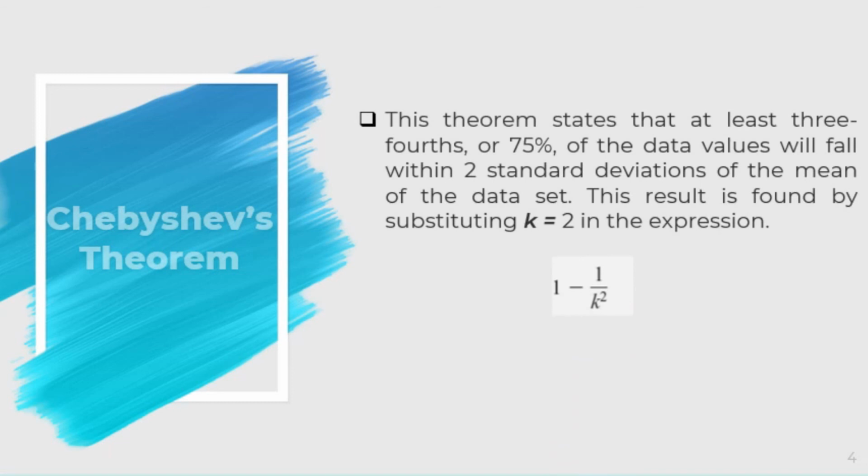This theorem states that at least 3/4 or 75% of the data values will fall within 2 standard deviations of the mean of the data set. This result is found by substituting k equal to 2 in this expression: 1 minus 1 over k squared, or 1 minus 1 over 2 squared, is equal to 1 minus 1 over 4, which is equal to 3/4, or 75%.